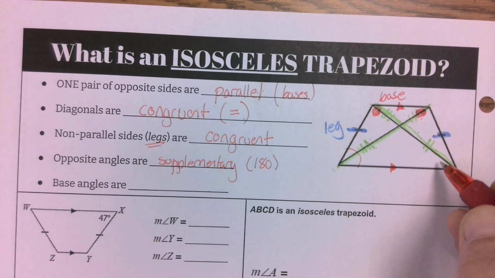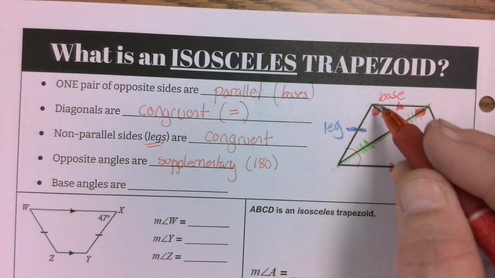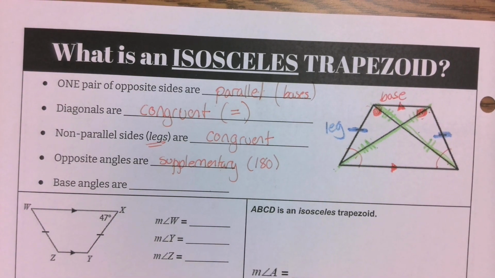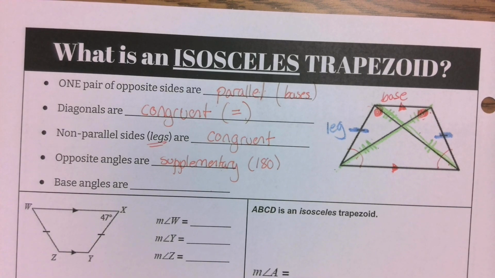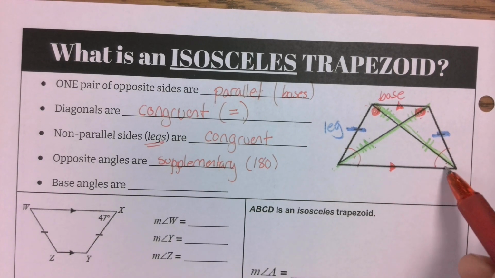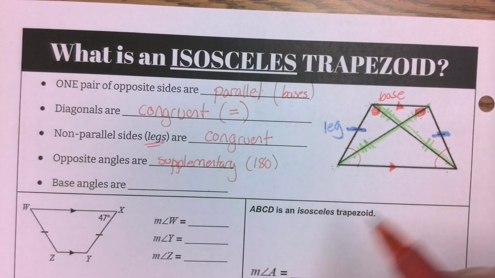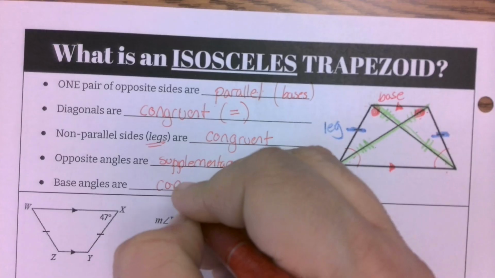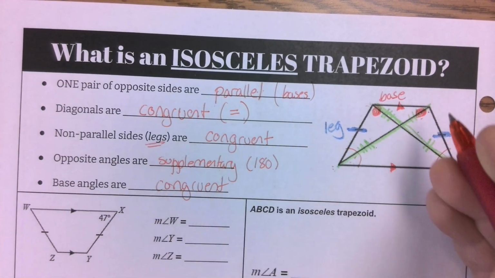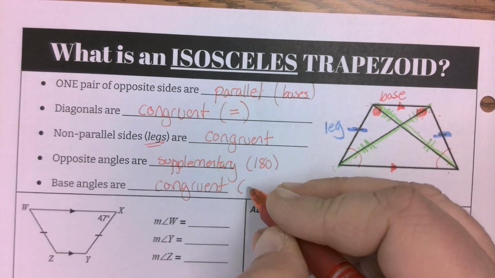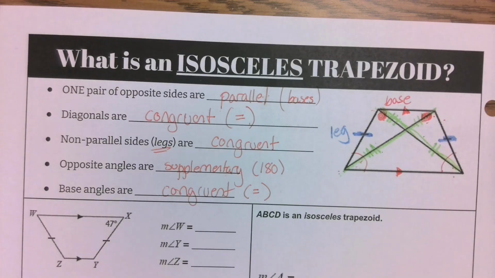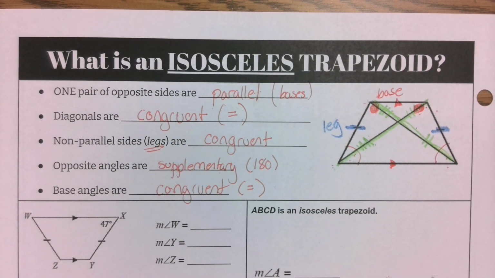Also, for an isosceles trapezoid, each pair of base angles is congruent. So the bottom angles along the bottom base are congruent, and the top angles along the top base are congruent. They are equal to each other. So those are all the things that you have to have in order to be an isosceles trapezoid.